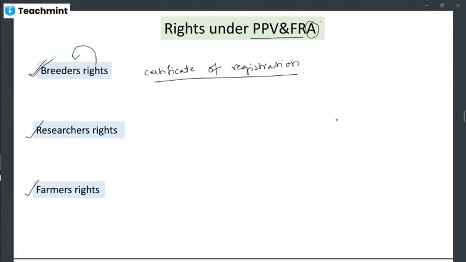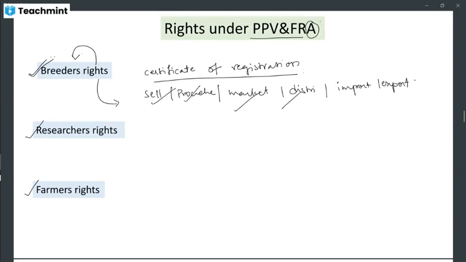In case of a PPV FRA breeder's right, he has the right to sell, the right to produce, and the right to market as well as distribute, or he can import or export. So the breeder has the right to produce, sell, market, distribute, and import or export the particular variety.